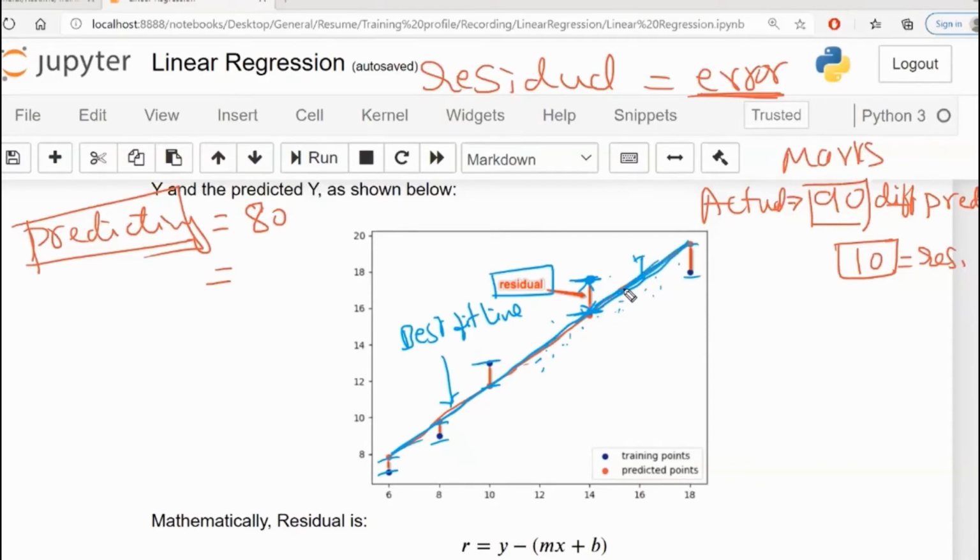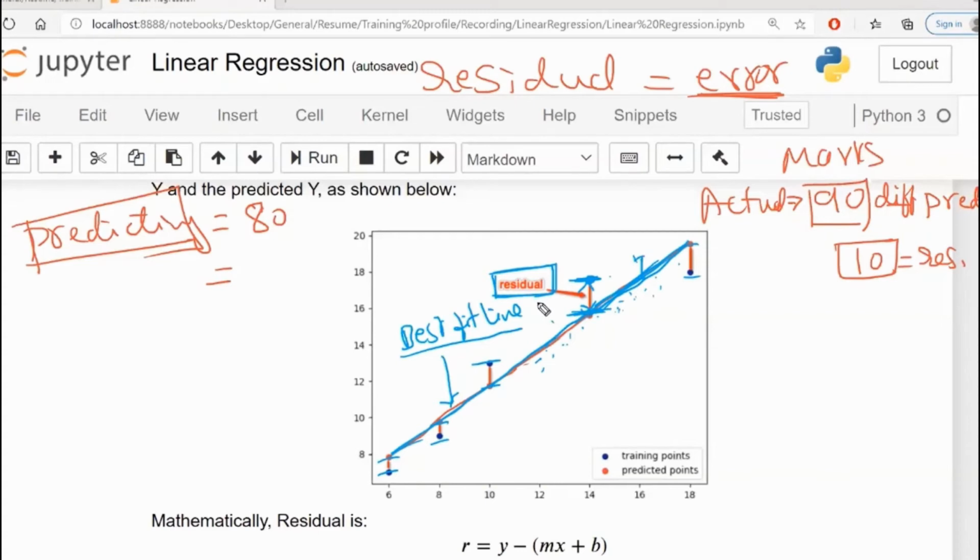At the same time, it minimizes the residual. We always try to minimize the residual in linear regression. The line where we get the minimum residual is called the best fit line. The difference between the actual data and the predicted data is a residual or error term.